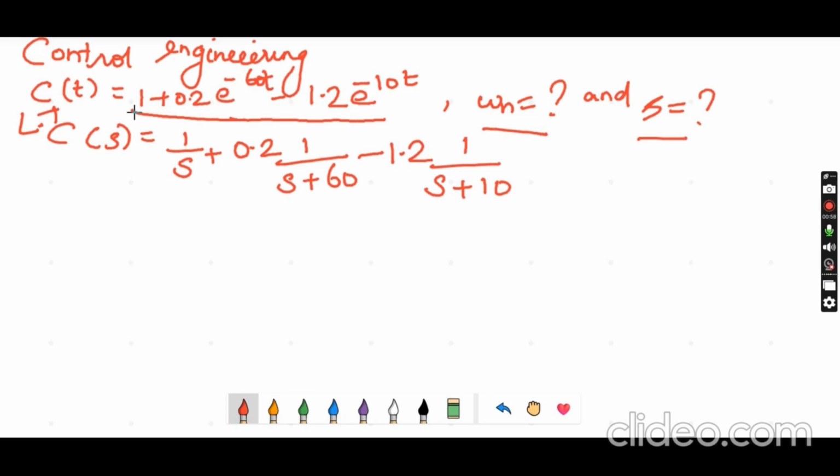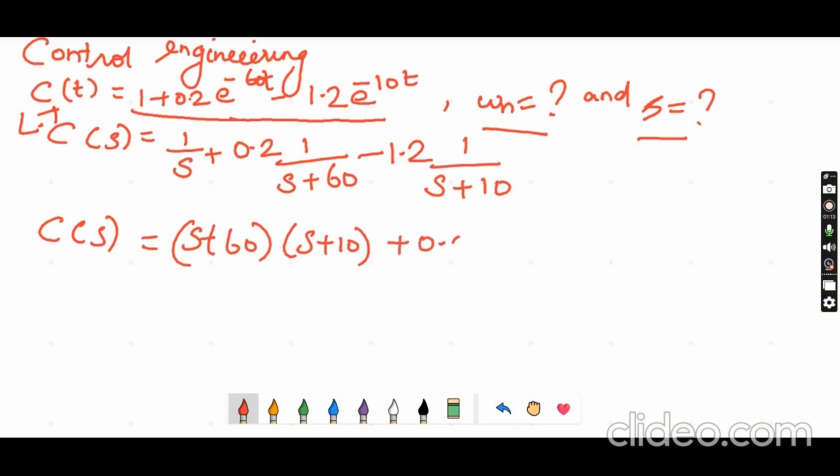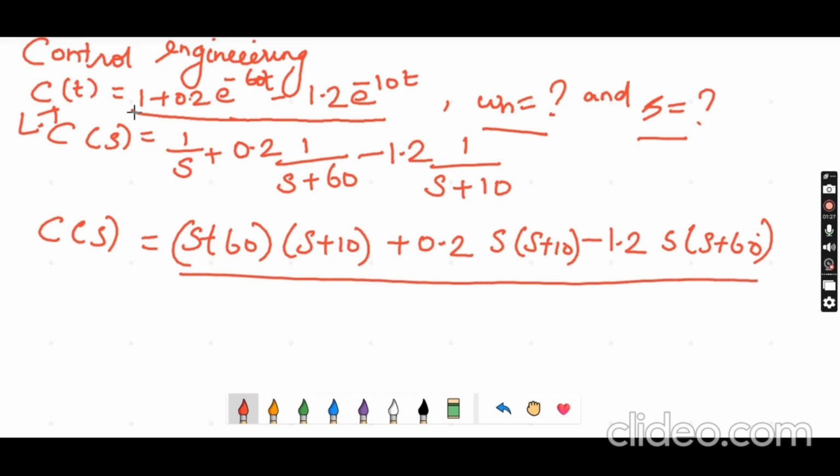Upon solving, we will get C(s). Upon taking LCM and solving, we will get (s plus 60) multiplied by (s plus 10) plus 0.2 s into (s plus 10) minus 1.2 s into (s plus 60), the whole divided by s into (s plus 60) into (s plus 10).